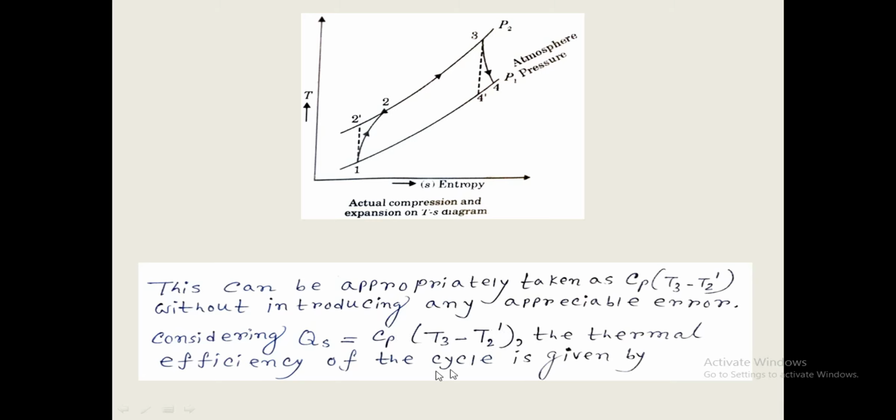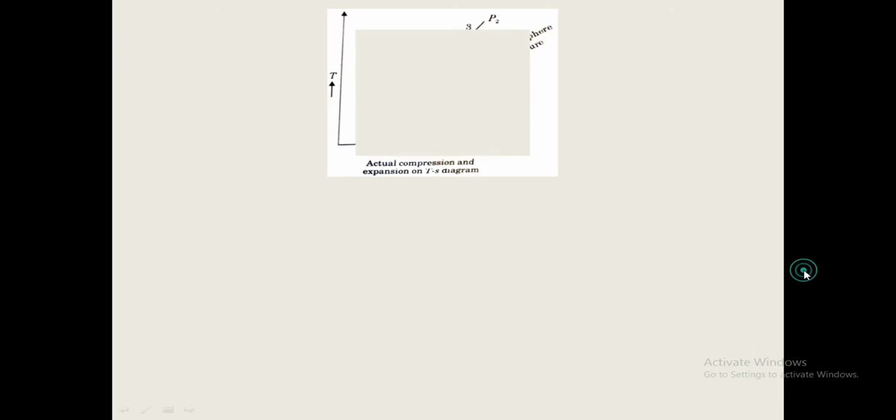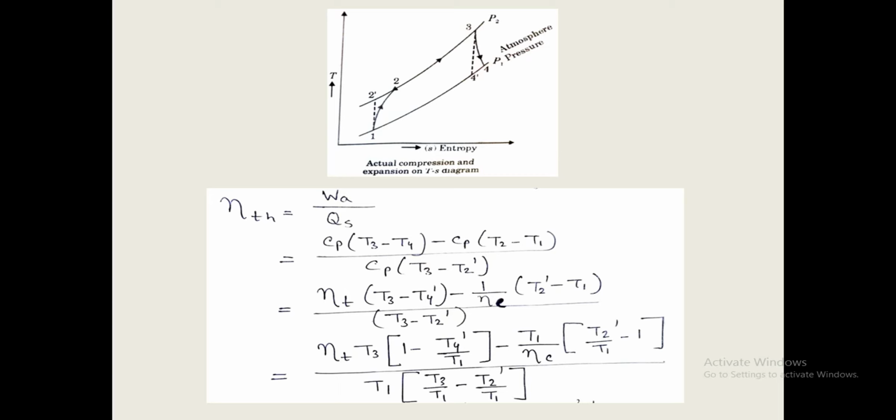The thermal efficiency of the cycle is given by the ratio of Wa by Qs, where Wa is the actual work done that is available per kilogram of working fluid, and Qs is heat supplied.